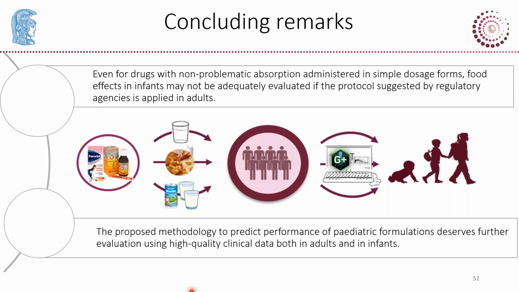As you might have seen from the profiles in adults in all three different dosing conditions, we observed some erratic absorption behavior, meaning we had both double peaks or shoulders.